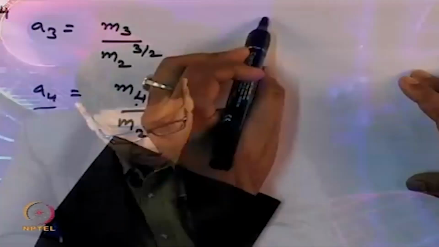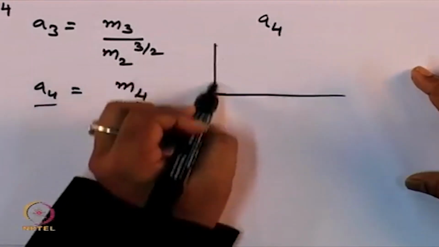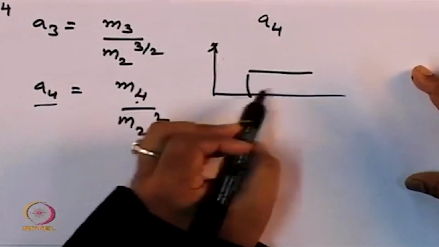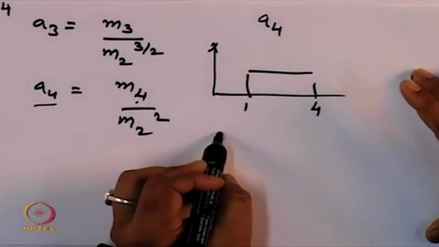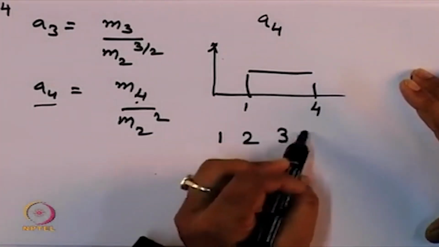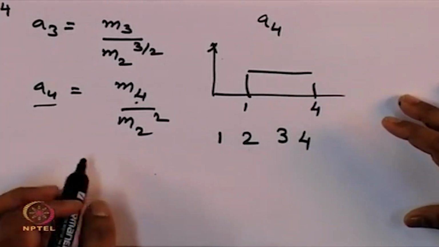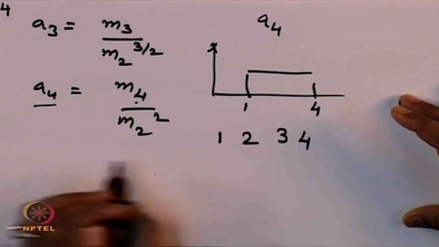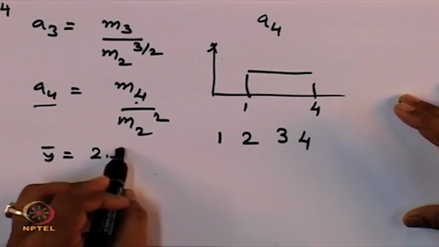Okay. So, let us calculate a simple example where we calculate A4. Let us say our data is, so let us take a very flat distribution. Let us say our data is 1 2 3 4. So, each of these values only appear once in this case. Your y bar is equal to 2.5.